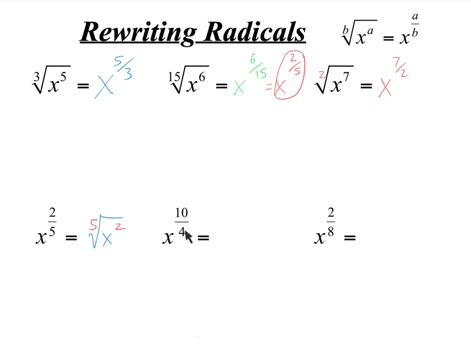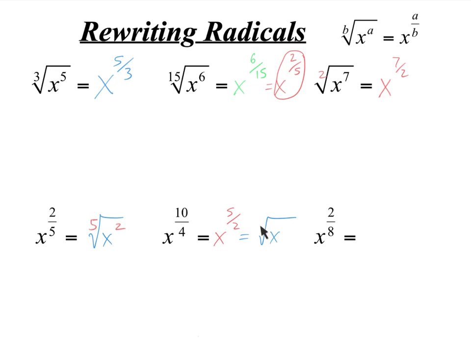Does 10/4 reduce? Yes, I need to reduce that. What goes into both 10 and 4? It looks like 2. 2 goes into 10, leaves you a 5, and 2 goes into 4, leaves you a 2. Now, can I break that down as a radical? Well, I have a 2 on the bottom.